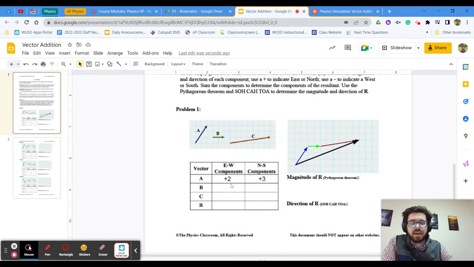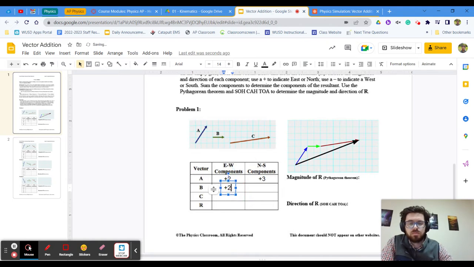And then you would continue, right? So B had only east-west components. So this one is going to be 2 to the right. And then it's going to be 0 in the north and south direction.